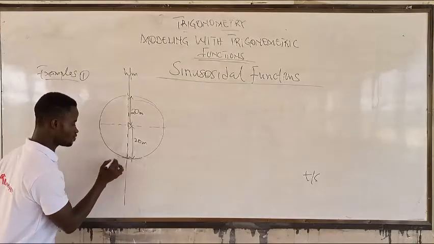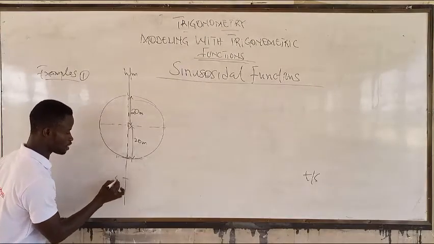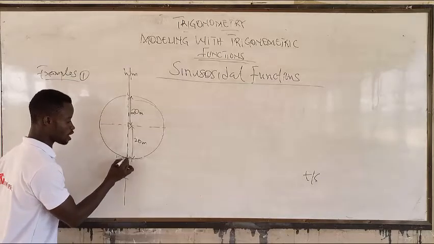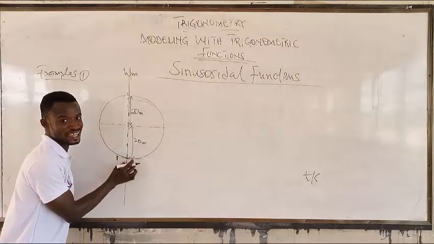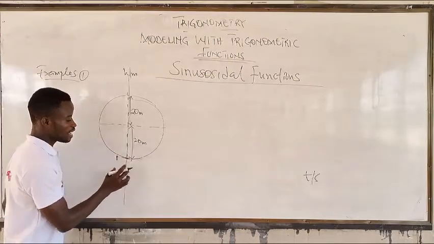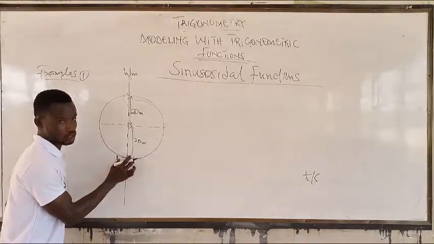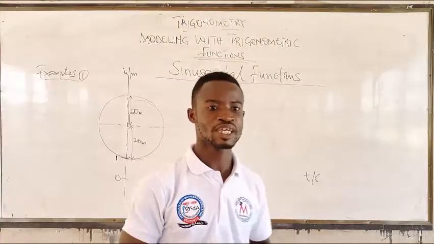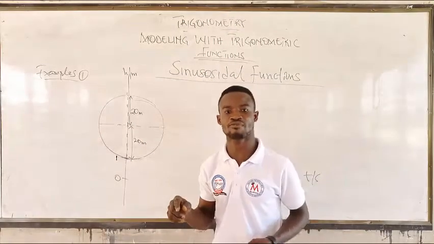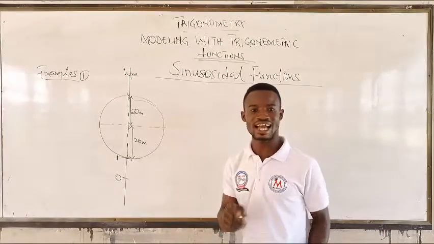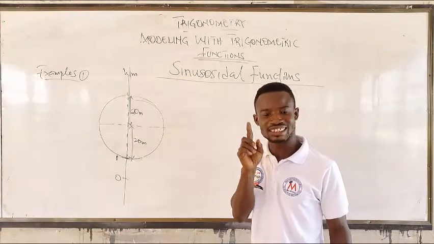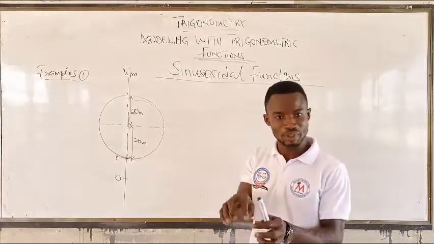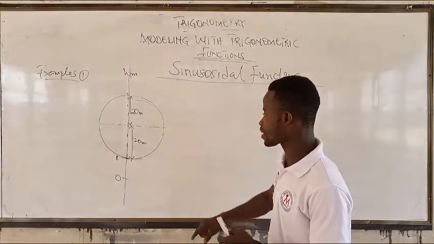If we have here to be 0, this one is going to be 1, and that is where the passengers get on. Passengers get on at a point B, which is 1 meter above the ground.